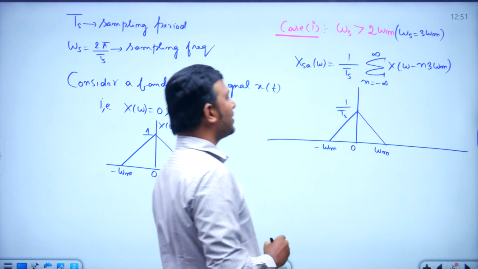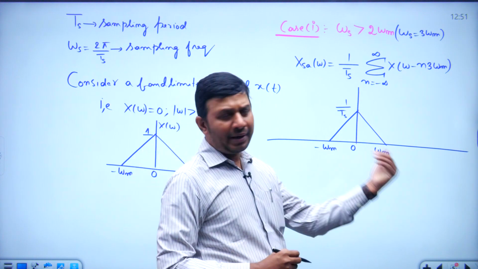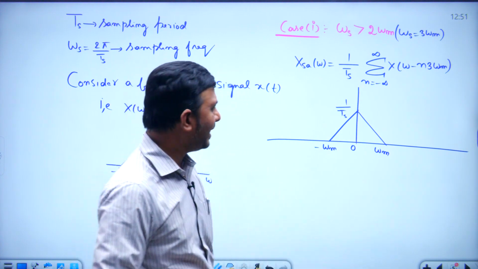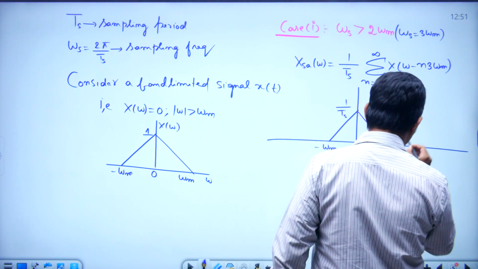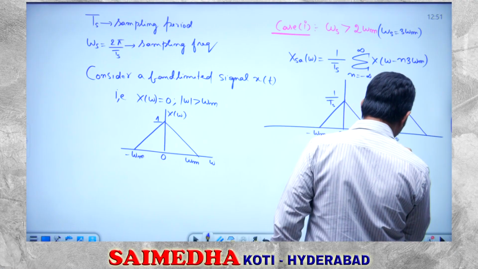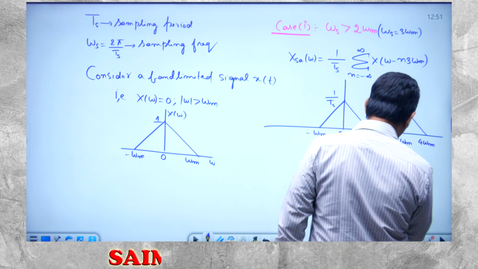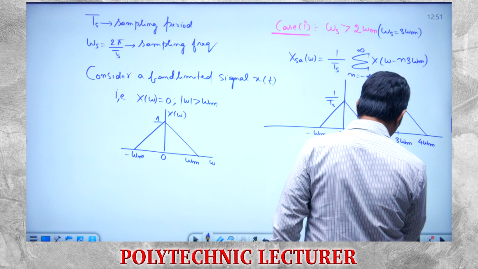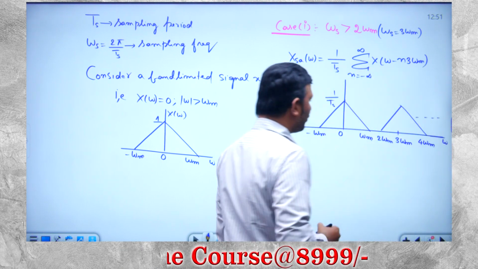What happens if I substitute n is equal to 1? I will get X of omega minus 3 omega m, a delayed version of X of omega, centered around 3 omega m. 3 omega m plus omega m is 4 omega m, 3 omega m minus omega m is 2 omega m, and the spectrum repeats like this for different values of n.